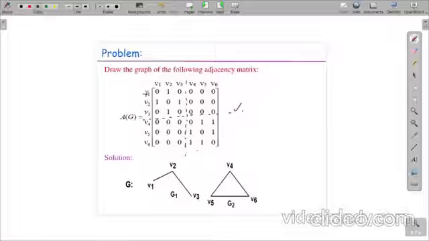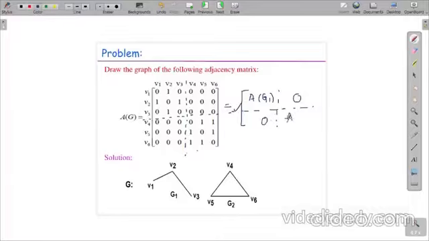In G1, how many vertices are there? V1, V2, V3. This is A of G1, and these are the null matrices. This is A of G2. In G1 there are 3 vertices V1, V2, V3, so we plot these 3 vertices.